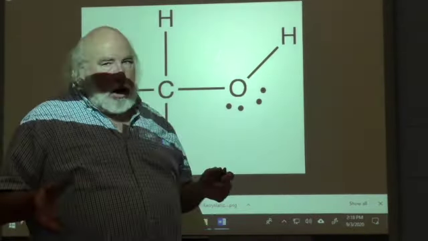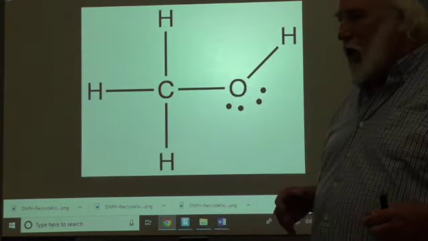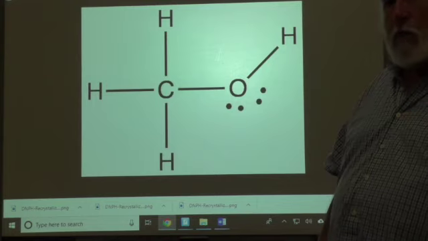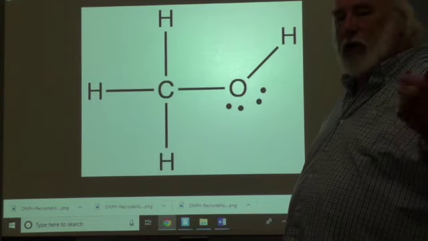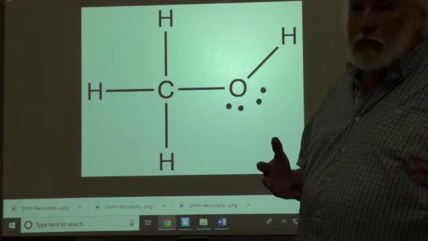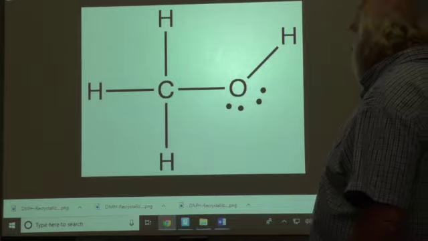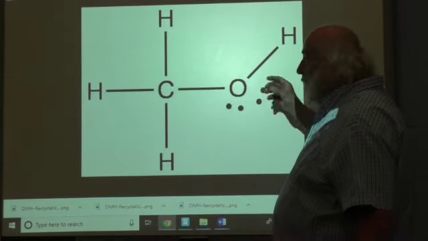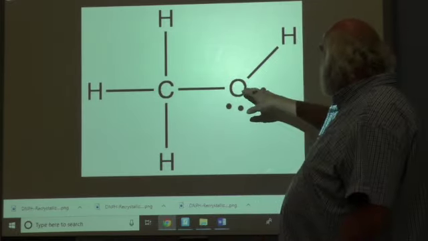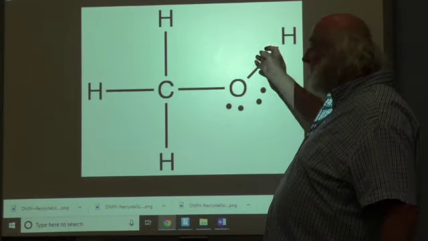Now remember, when we talked about electronegativity, we said that oxygen is like the second most electronegative element on the periodic chart. Hydrogen is a little bit below middle, which means that the sharing taking place between the oxygen and hydrogen isn't really sharing. It's pulling these electrons away.